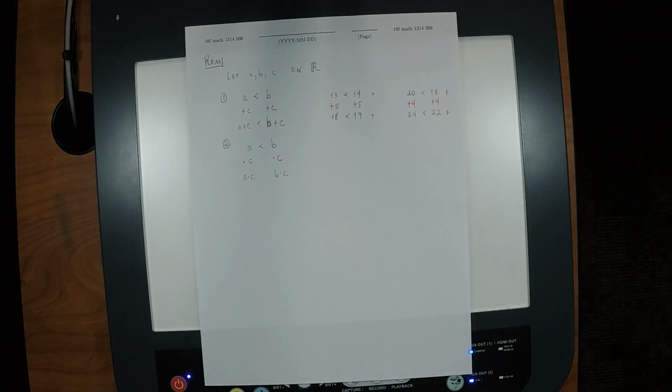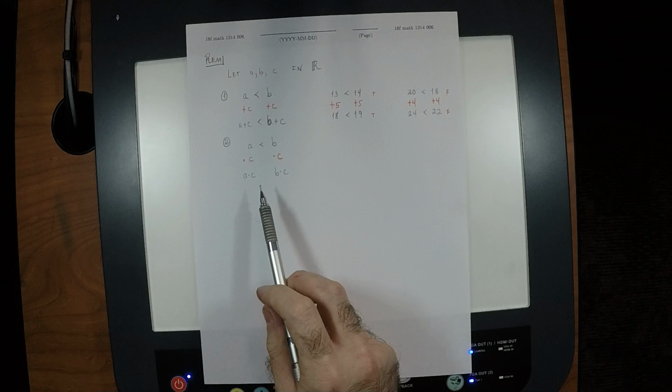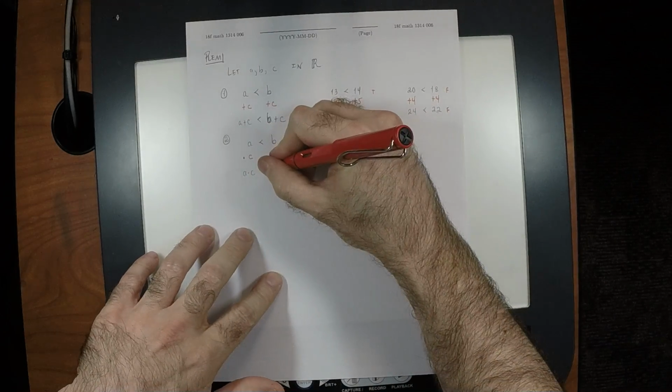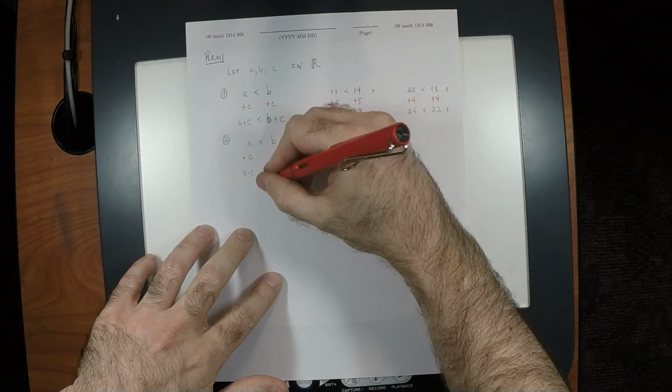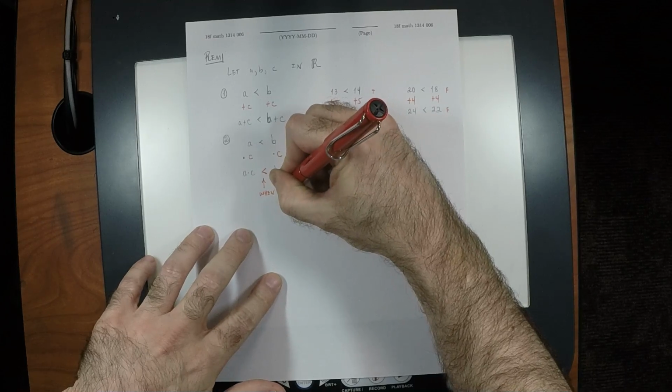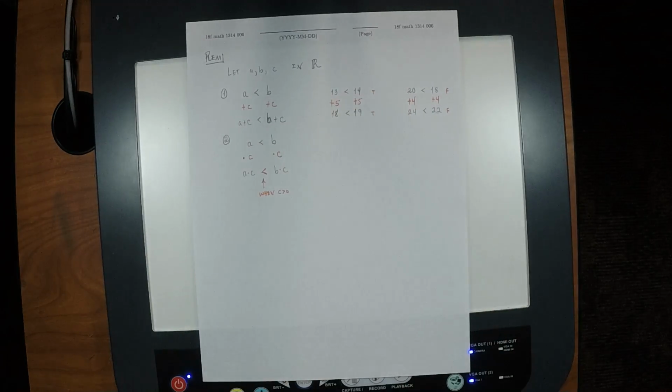But then what you're supposed to write here depends on the value of C. So in particular, it will be this when C is positive.